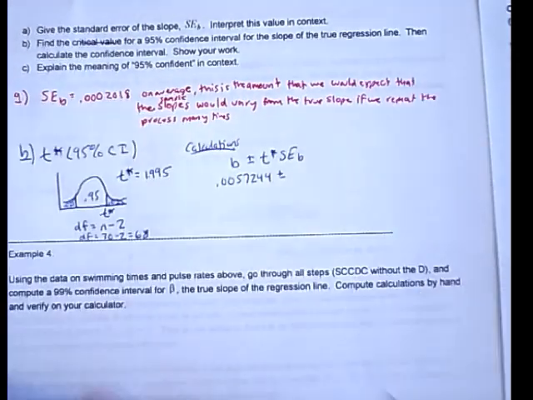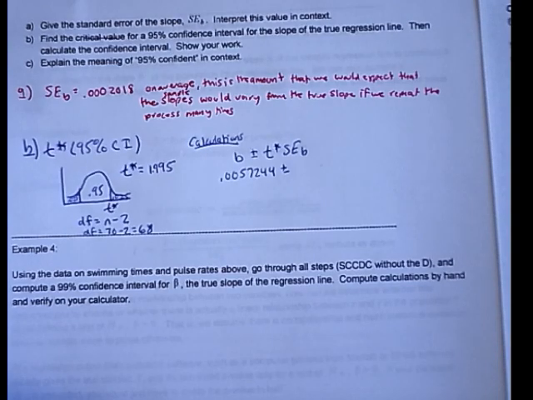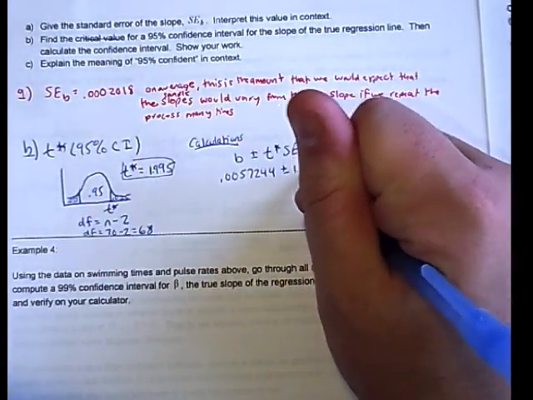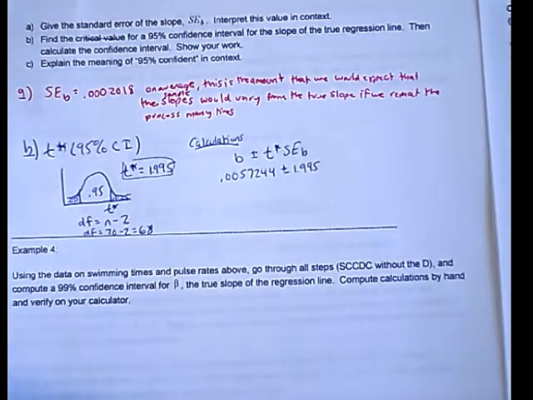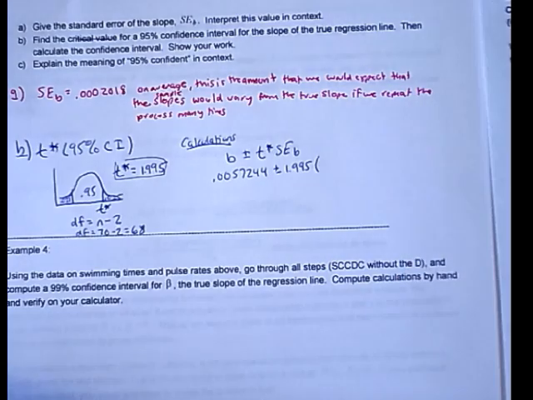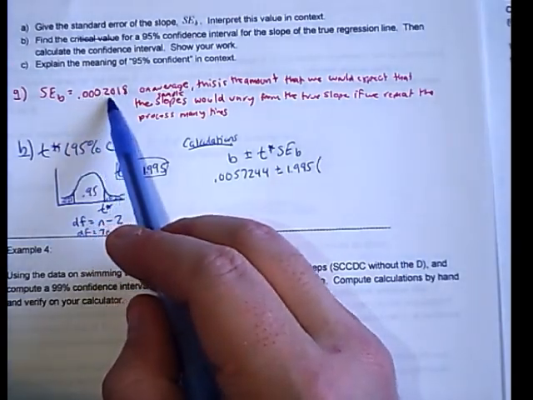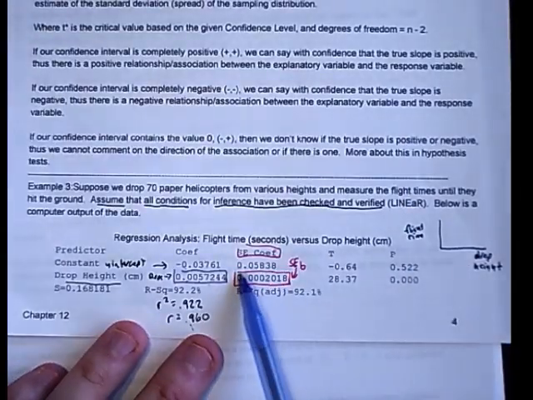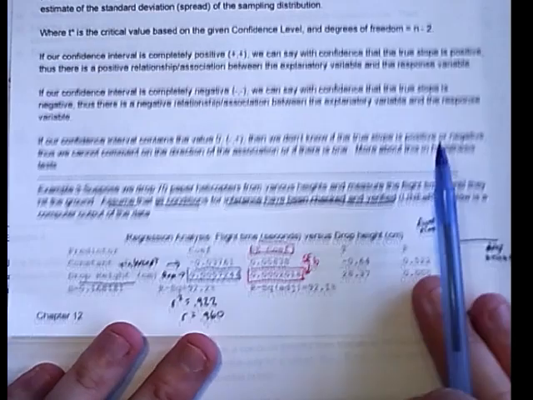Plus or minus our t star, that's right here, 1.995. Remember, I stored all of those digits in my calculator, times the standard error of b, which we found before. Again, it's right here in our computer printout.